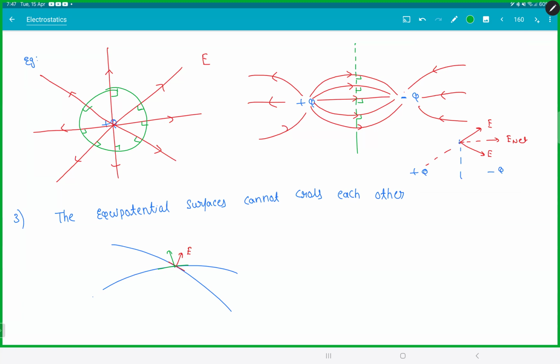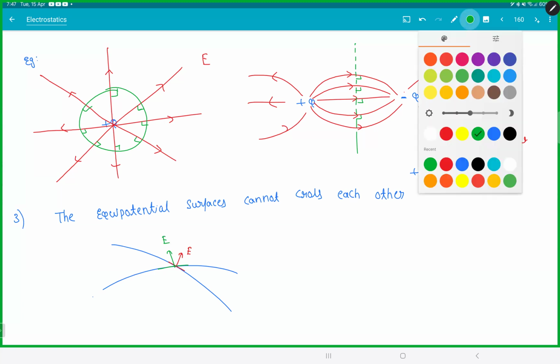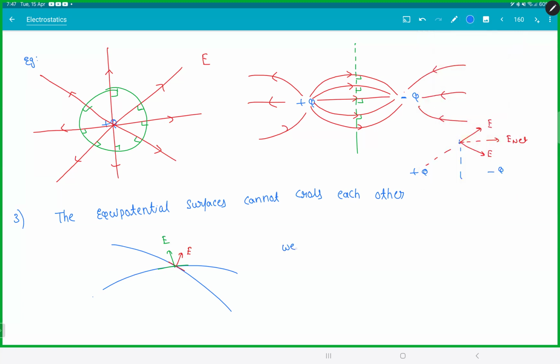For this surface, field is this way. We can't have two directions. So therefore, you can't have two equipotential surfaces crossing each other. Yeah, these are the main three properties there. Clear, everyone?